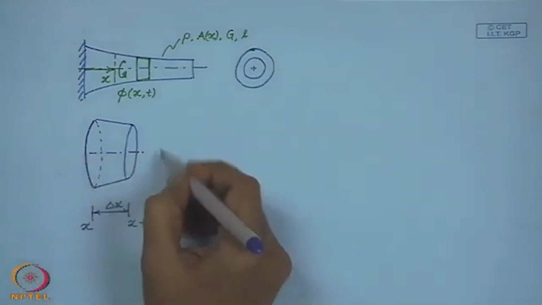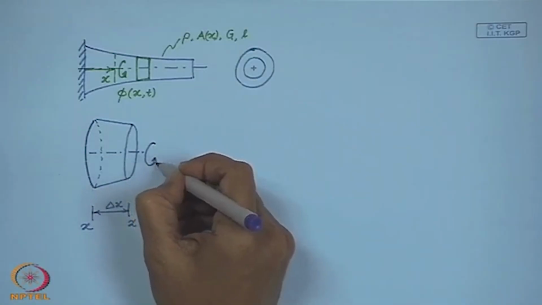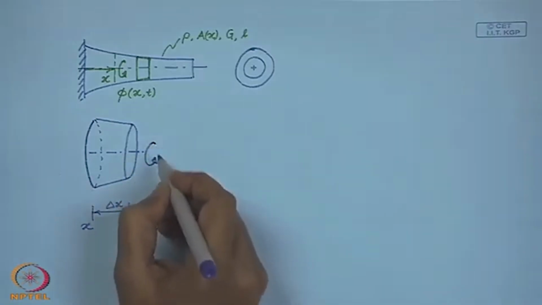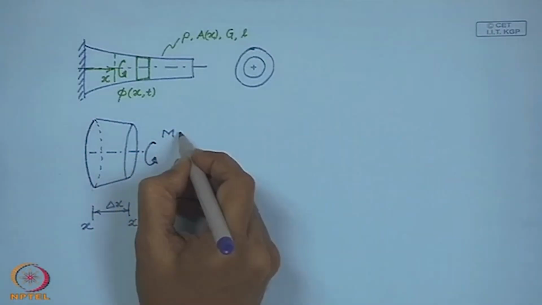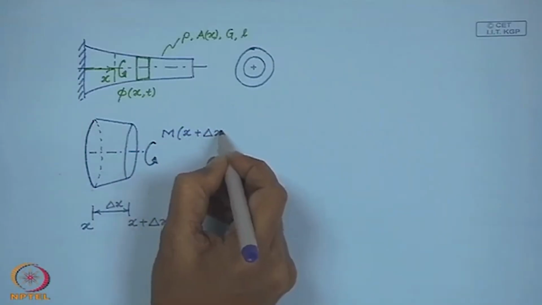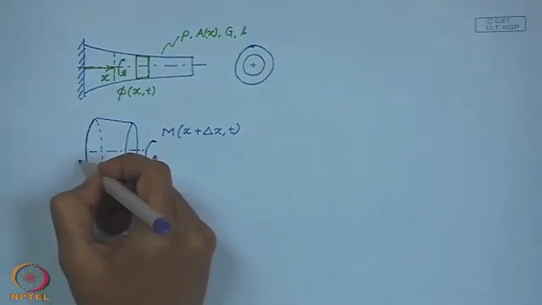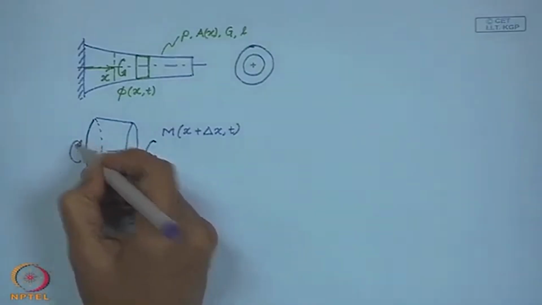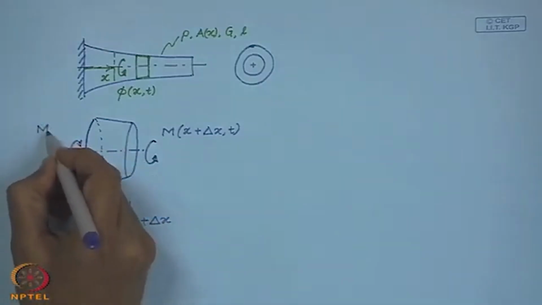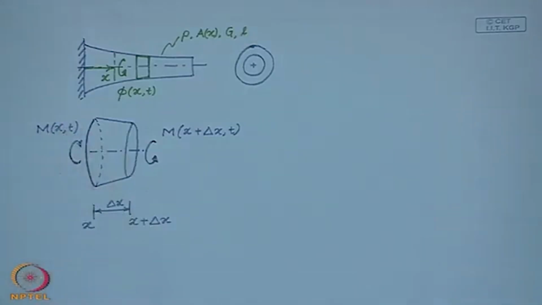Now, on the right end of this bar, let us consider the moment represented by M of x plus delta x at time t. On the left, we have the moment on the cross section as M of x comma t.